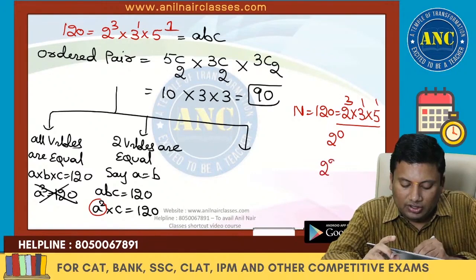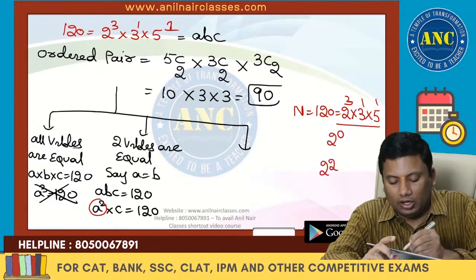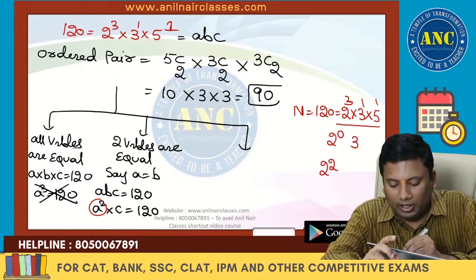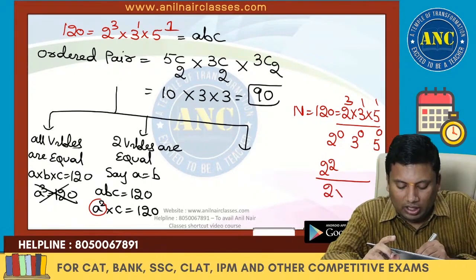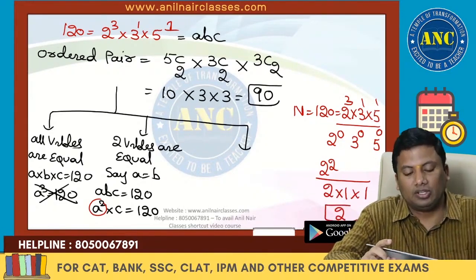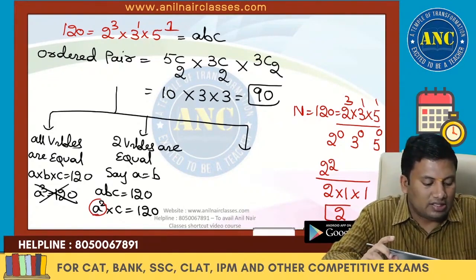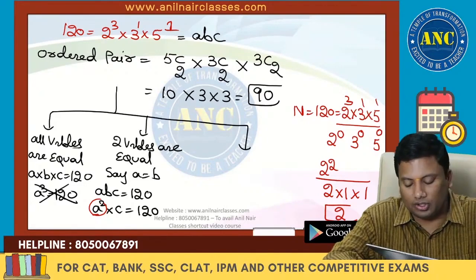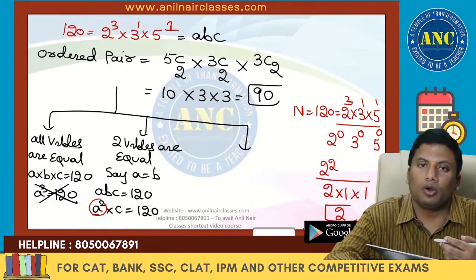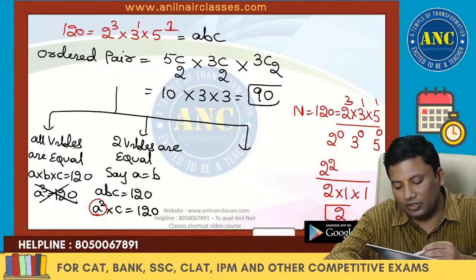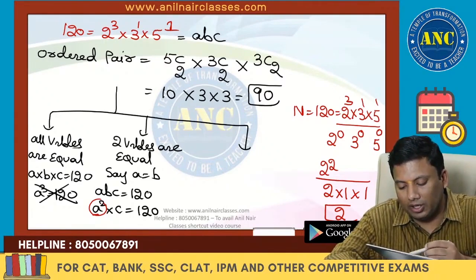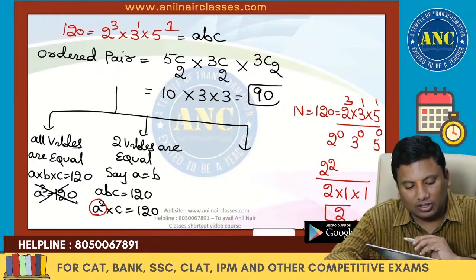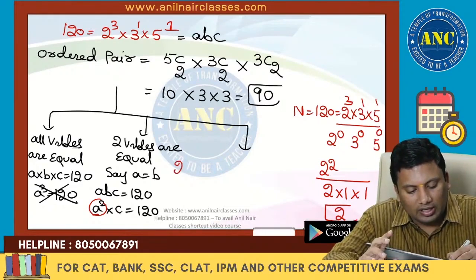Perfect square means the power should be an even number, including 0. 2 power 0, 2 power 2, 3 power 0 and 5 power 0. 1 is a perfect square. So total 2 cases we got.